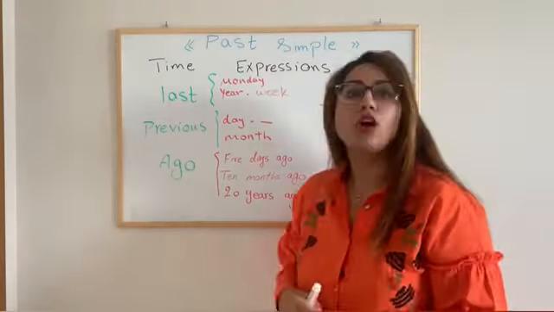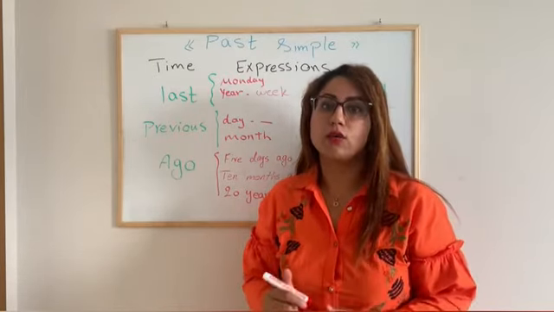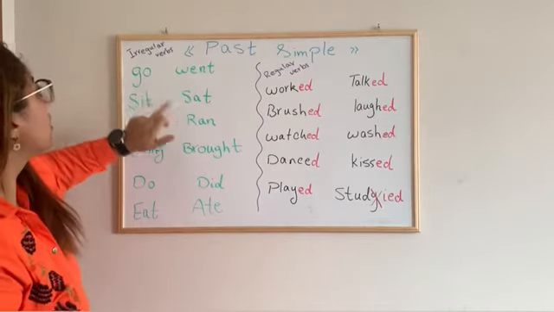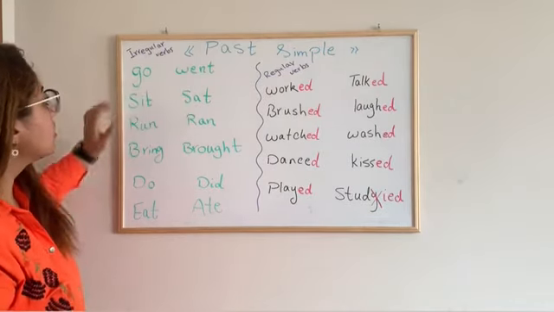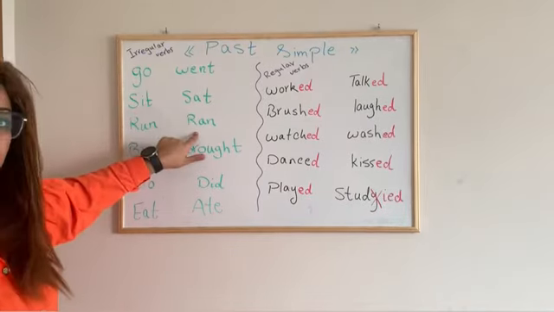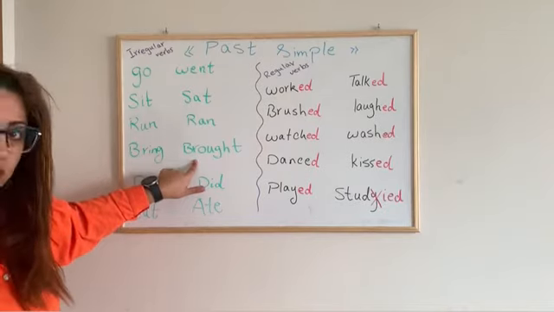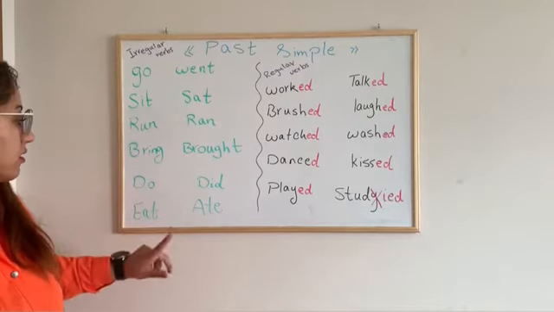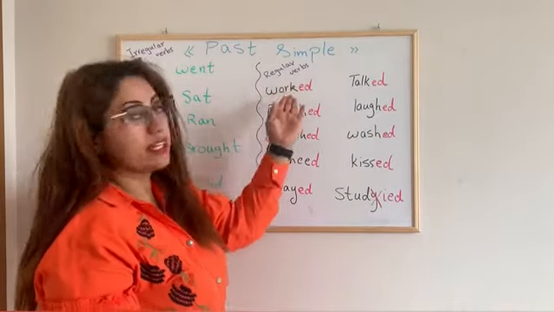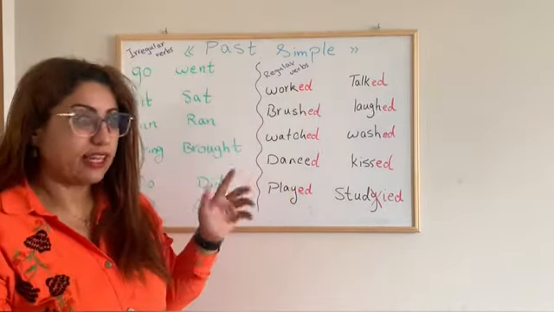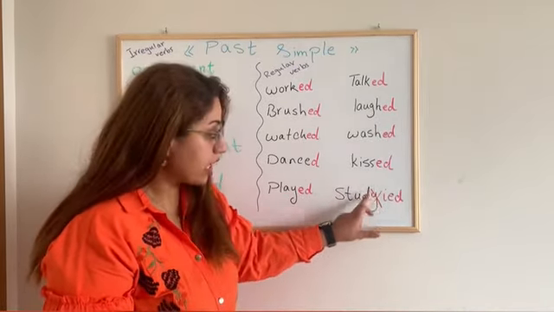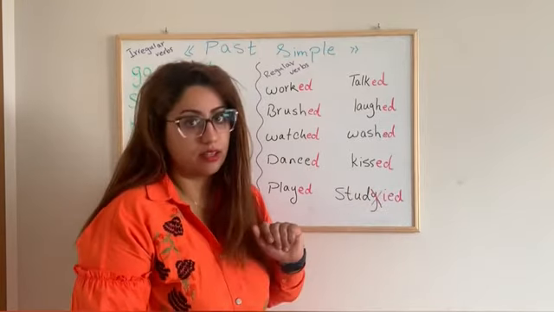Now let's have a look over the regular and irregular verbs. Irregular verbs, the past form changes. Go, went. Sit, sat. Run, ran. Bring, brought. Do, did. Eat, ate. Regular verbs, we need D or ED. And if the last sound or letter is Y, we change Y and write IED.